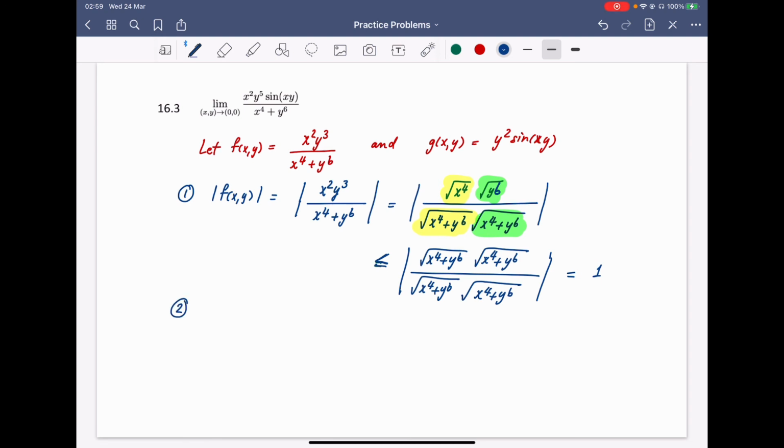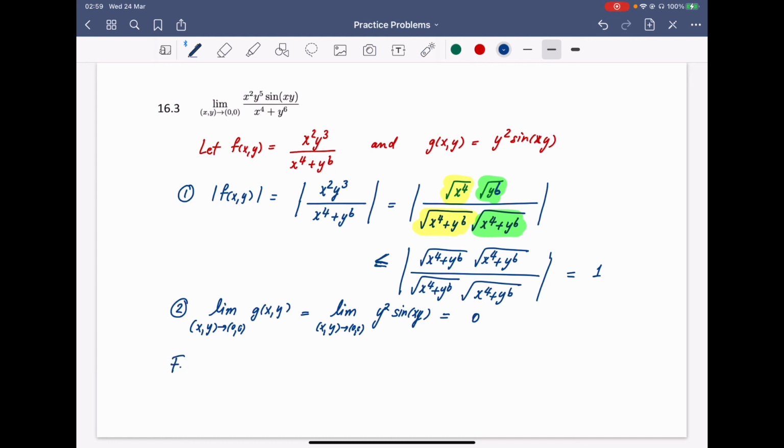All right. Number 2 here, I need to compute the limit of the function g. Well, the limit of the function g, this is going to be the limit of y squared sine xy, which is going to be 0, right? Because you plug in 0 to that function.